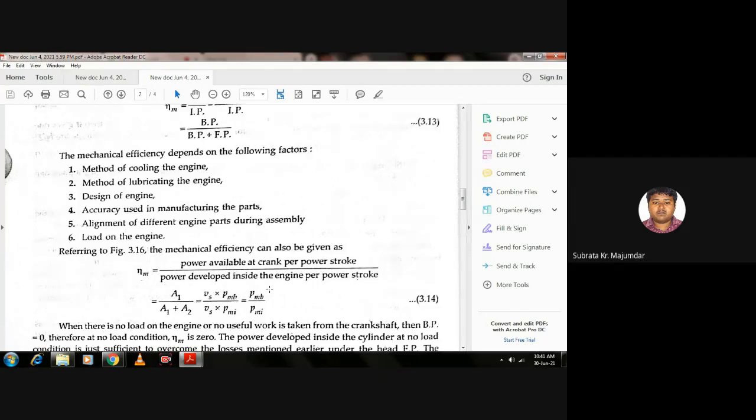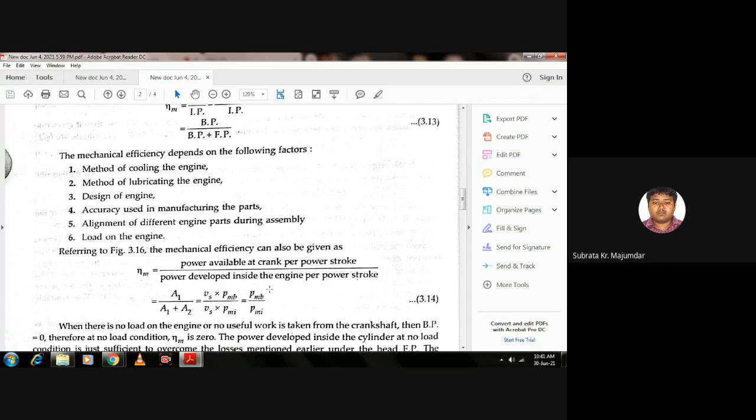If we use a proper cooling system on the engine, then we can obtain a higher mechanical efficiency. Second, the method of lubricating the engine. If we use a proper lubricating system with proper lubricant, it increases the mechanical efficiency.